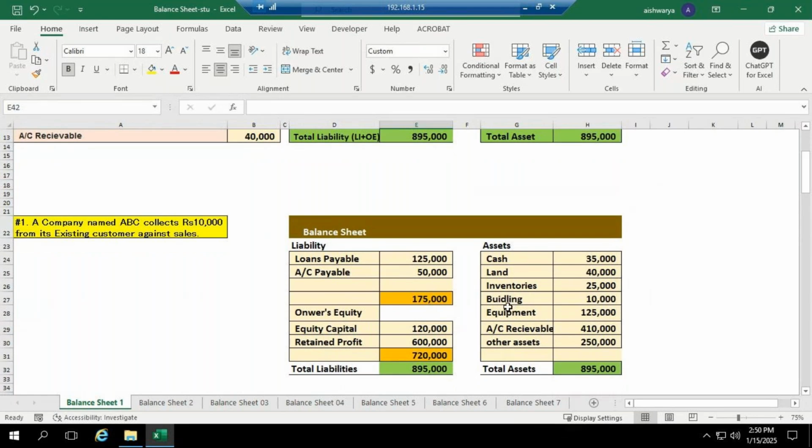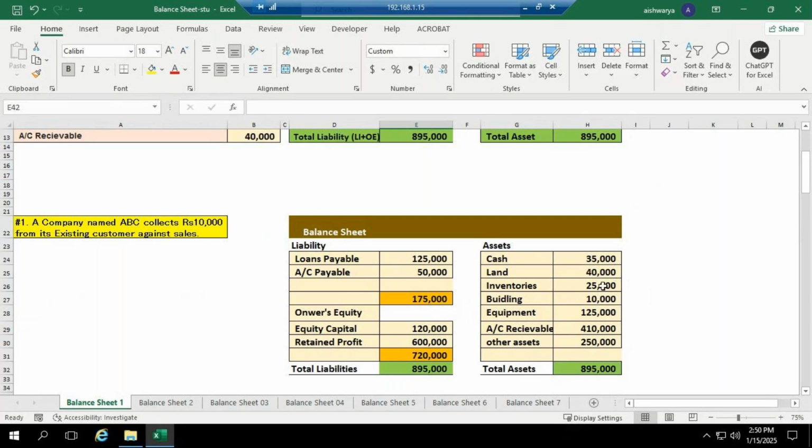Cash, land, inventory, building, equipment, accounts receivable, and other assets. So here ABC collects rupees 10,000 from its existing customer against the sales. That means we have collected the amount 10,000 from its customer against the sales.